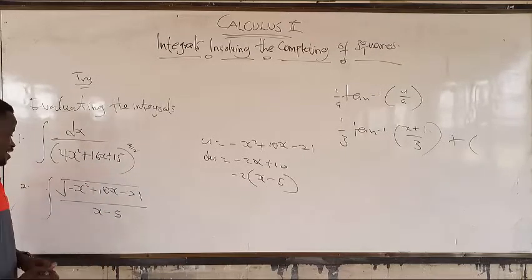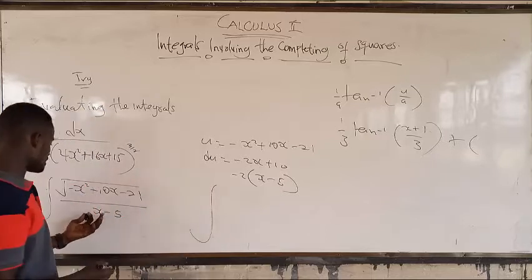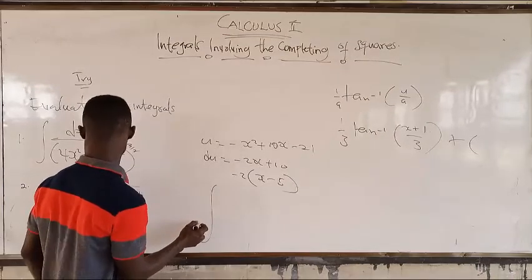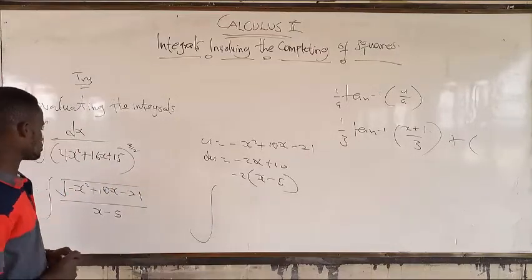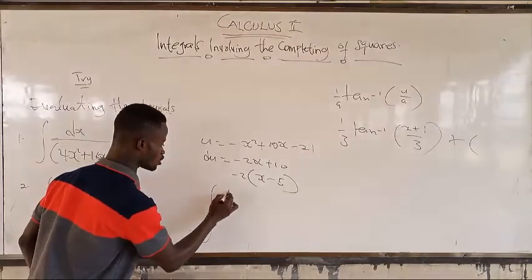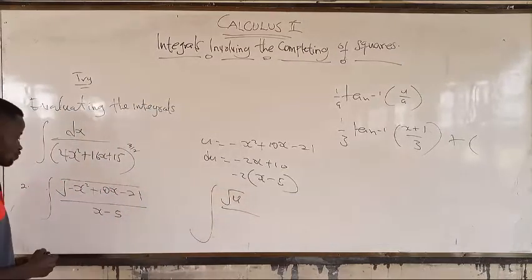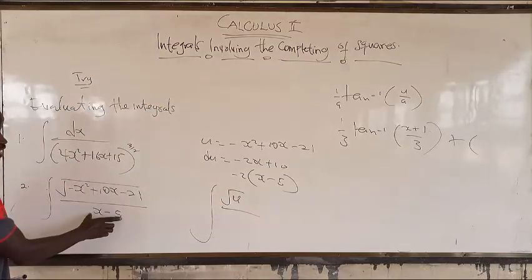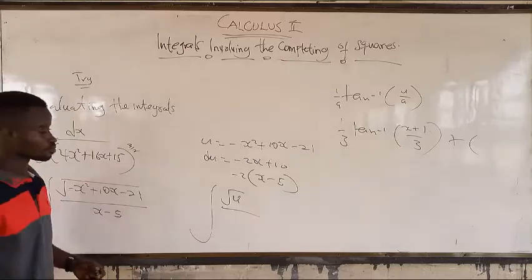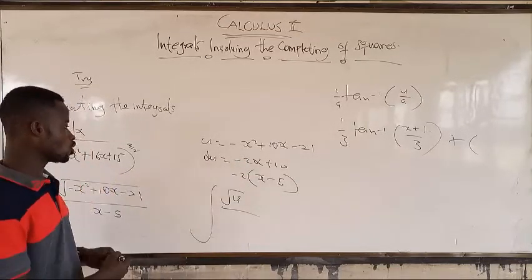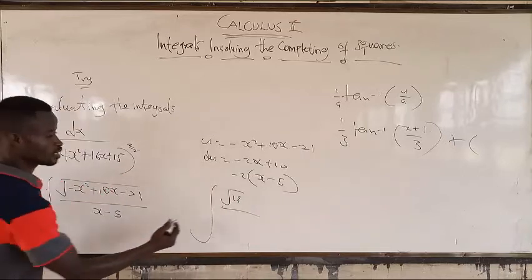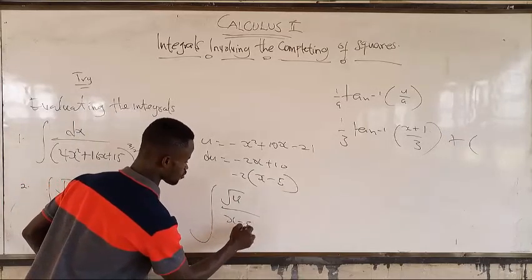I hope it's clear. So you end up getting that the whole of this is going to be square root of u over this, and you know that here is x minus 5.